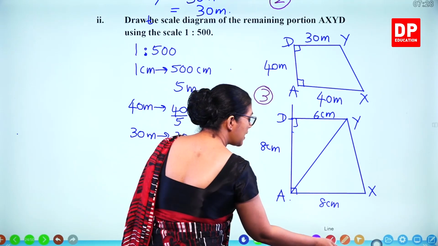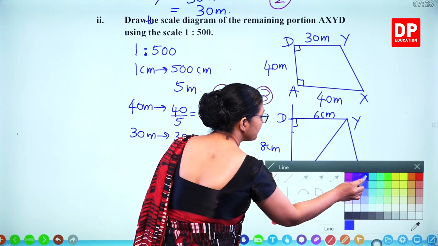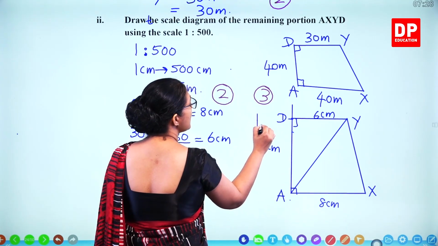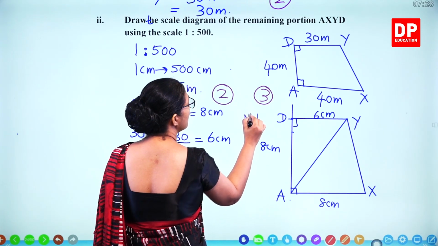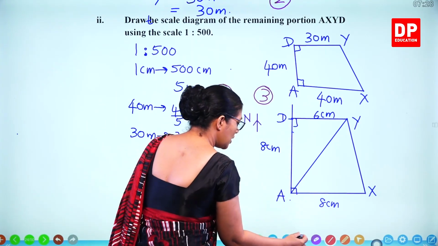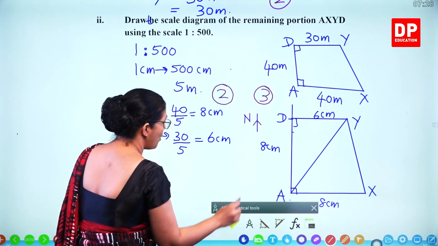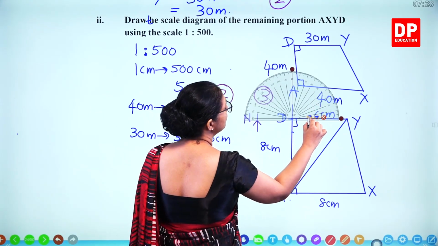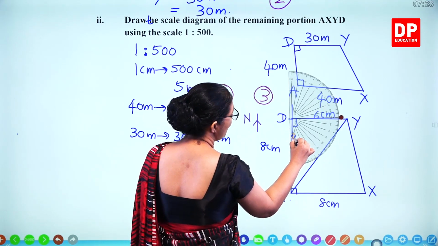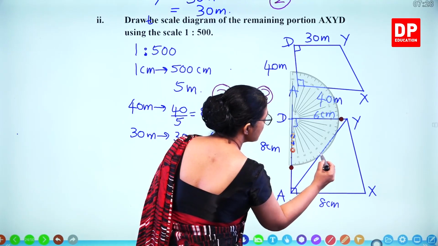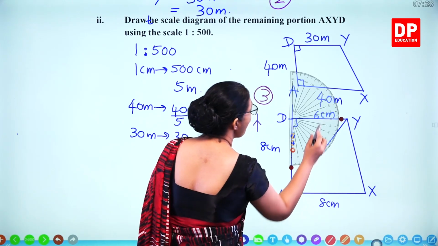When you are taking the map, this side is north, so this side is south. How do you measure the angle? You keep the protractor on top of D, and from south, that's south 40 degrees here.